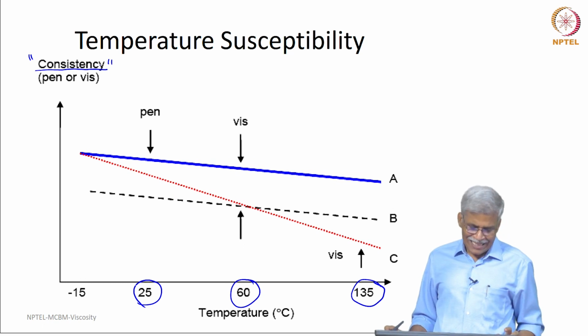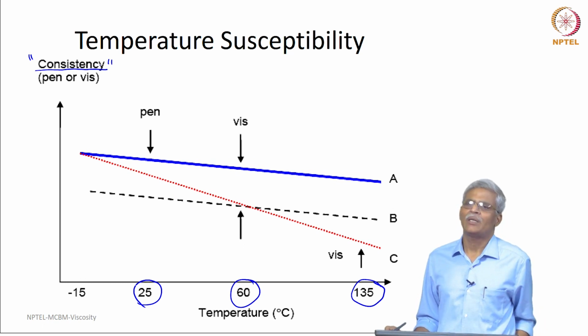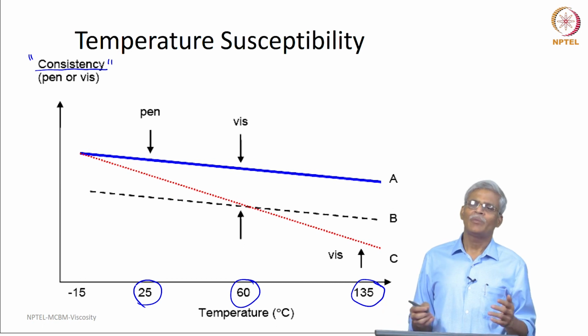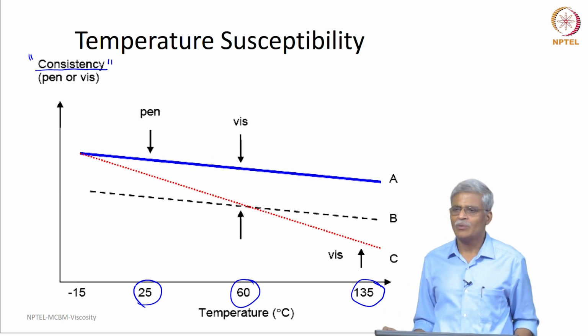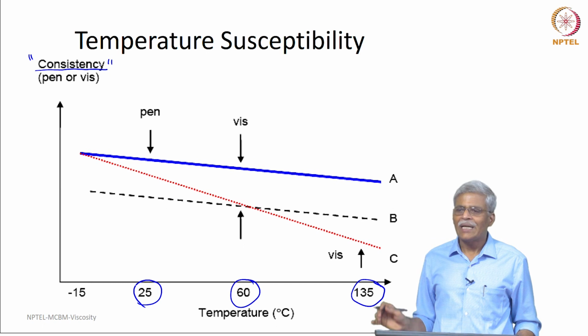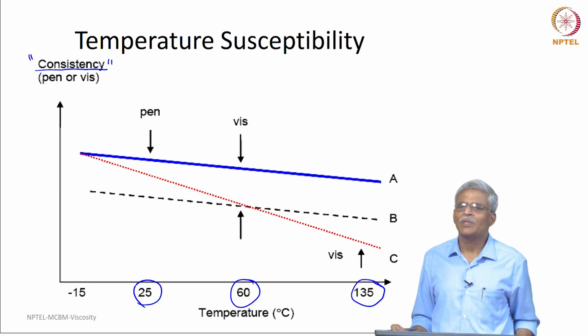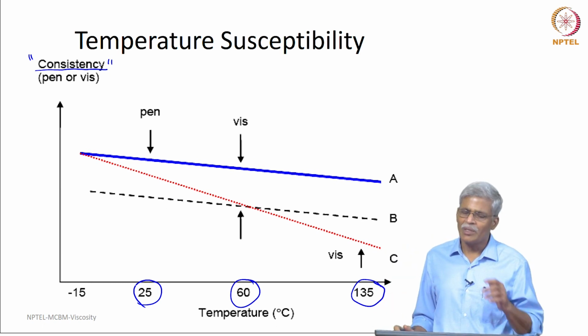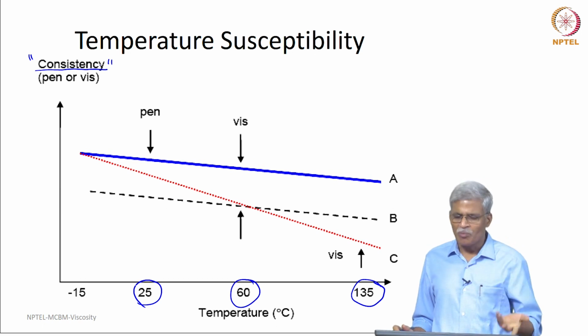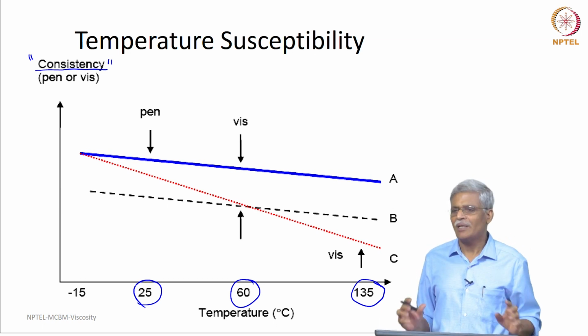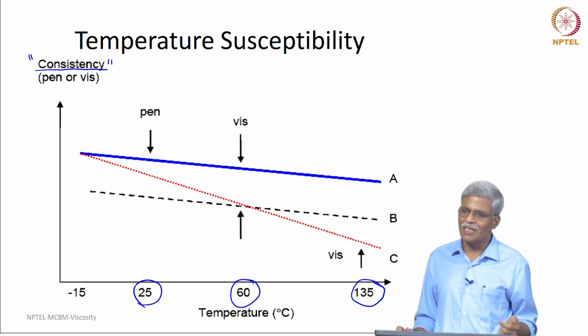While there is a tendency to relate penetration or viscosity to how the material will behave in the field in terms of performance, that is something we should desist from doing, because these parameters are mostly empirical in a specified way. So, we will be discussing it as we go along.